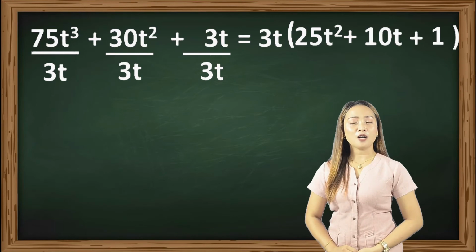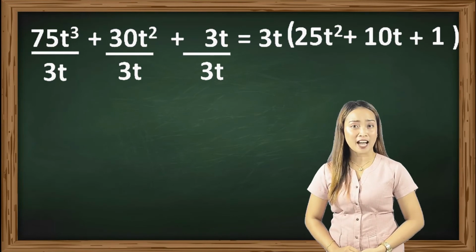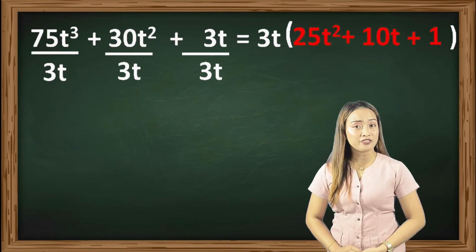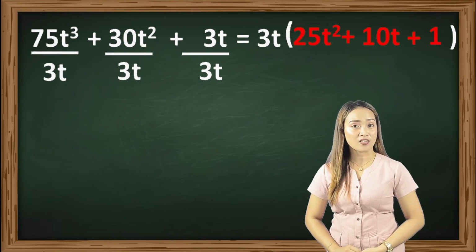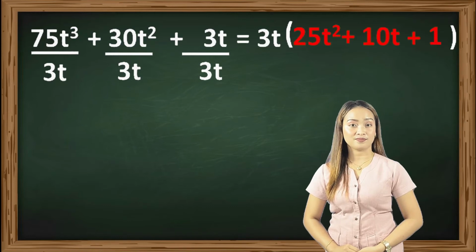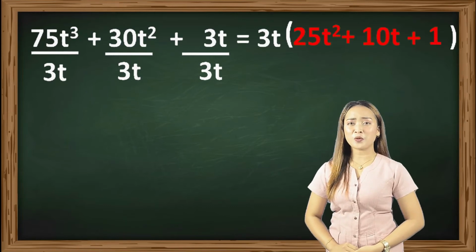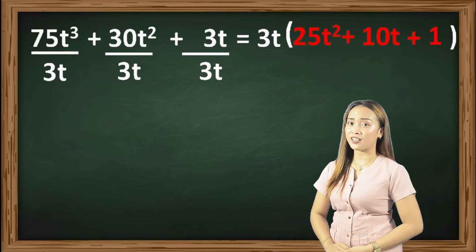Now, observe the second factor. 25t squared plus 10t plus 1. Is the expression a perfect square trinomial?